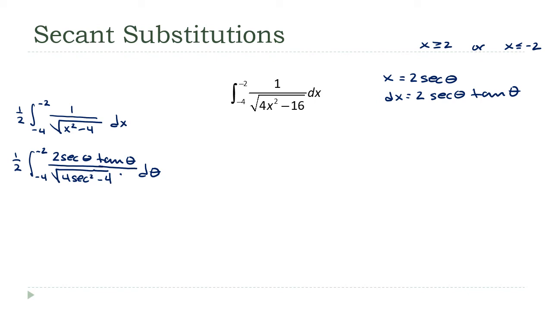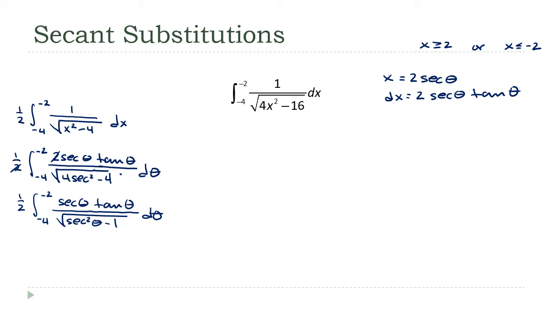All right, so what happens? These 2's cancel. That's nice. This is the integral from negative 4 to negative 2 of secant theta tangent theta. Now, what happens in the denominator? The square root of 4, I can bring that out. So that's going to be 1/2 over the square root of secant squared theta minus 1 d theta.